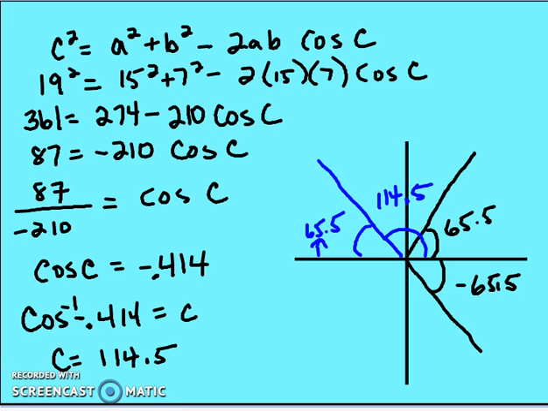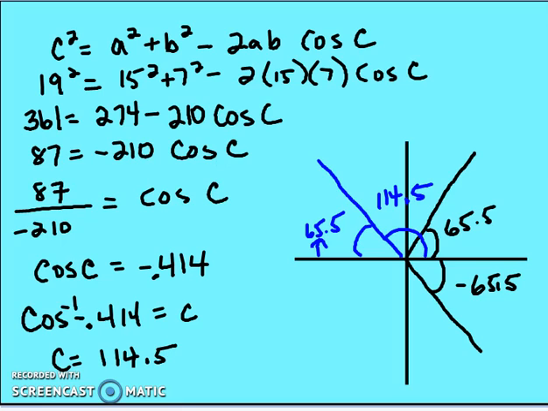My strong recommendation is you give yourself a lot of space to work out law of cosines problems because there are a lot of small calculations that need to happen as part of the process of deriving whatever value you need to derive. It could be the length C, or it could be the angle measure C. But you need to choose a correct equation and then solve for that given unknown variable.